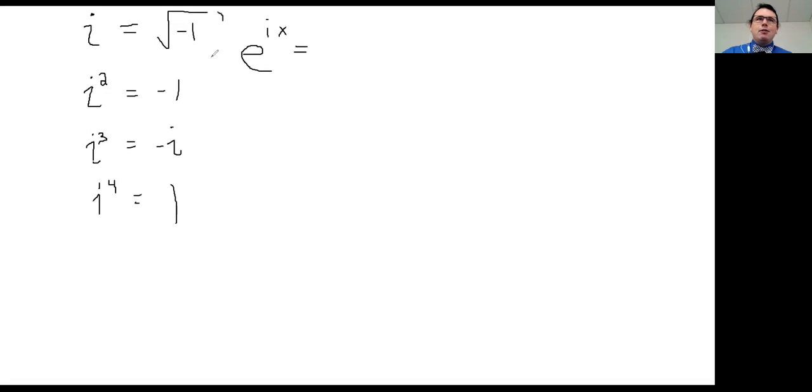I know that the Maclaurin series for the exponential function says that I have a constant term 1 over 1 factorial. I have a linear term, my variable to the power 1 over 1 factorial.